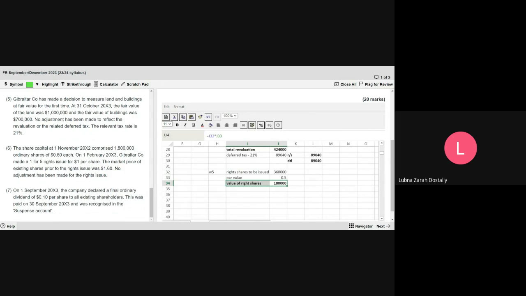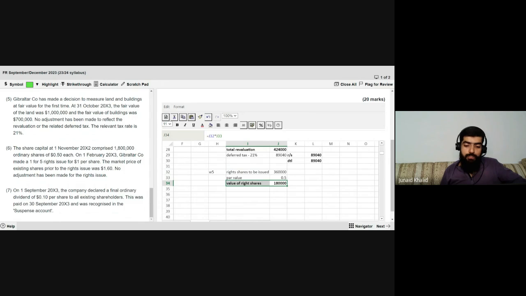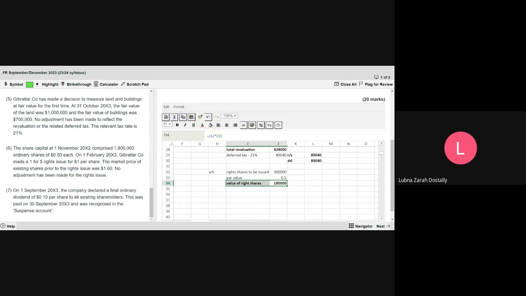So we need to get all the number of shares. In the trial balance, it is share capital.